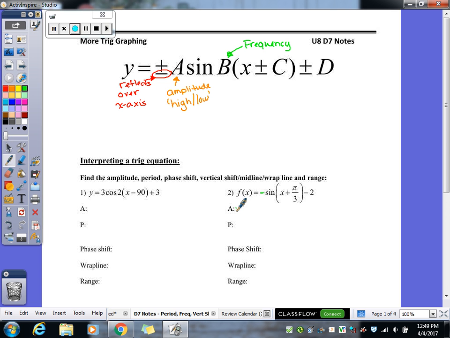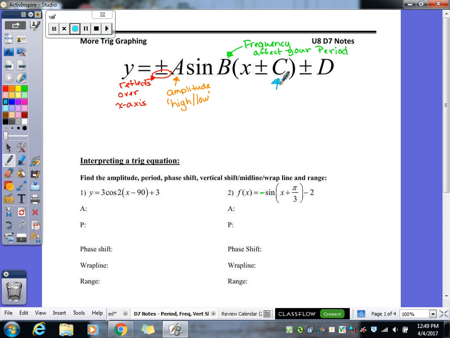Your frequency does affect your period, which simply means how long it takes to get one entire curve, one entire sine curve or one entire cosine curve. For all of our graphs on the day 6 notes, your period was 2 pi. So from 0 to 2 pi, you got one entire curve. Your period gets changed based on your frequency.